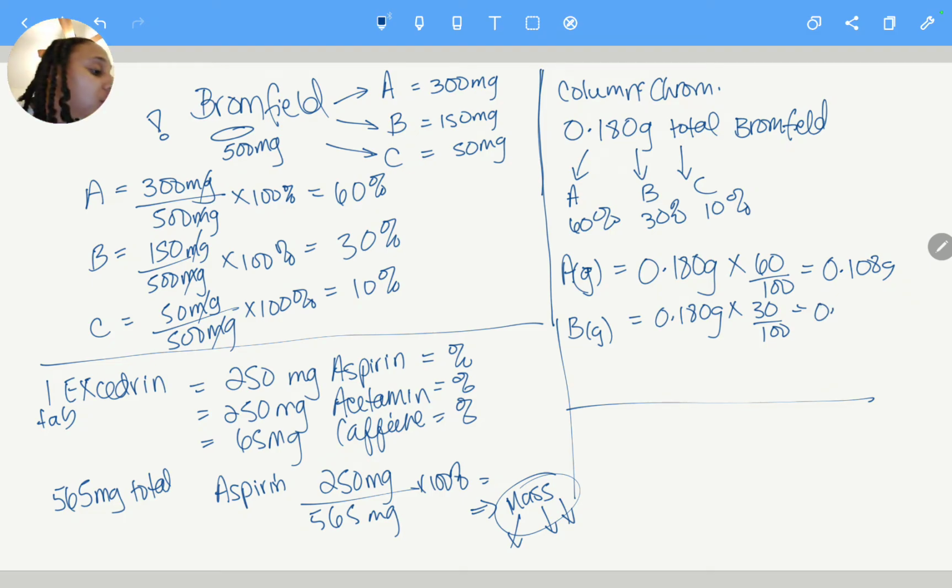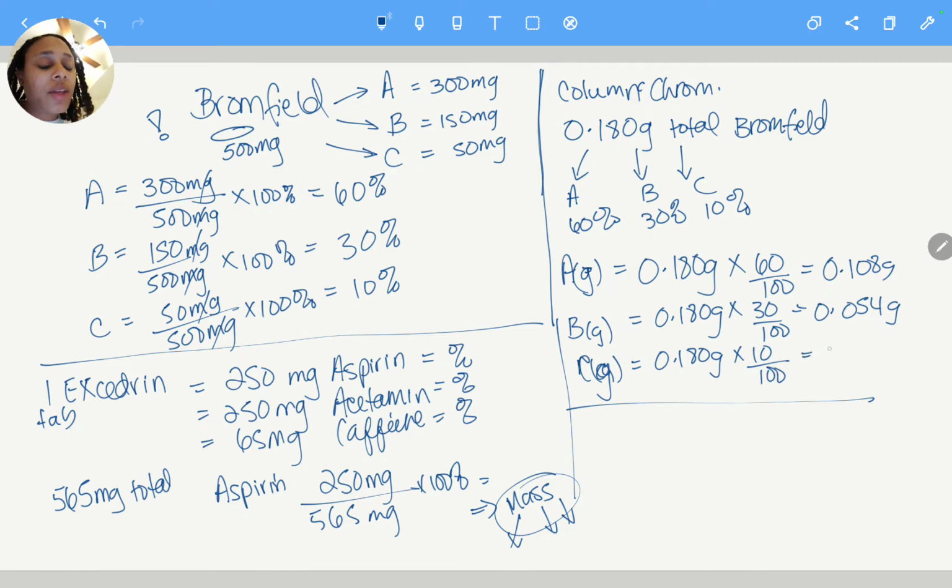So that's 0.054 grams, and then C, 0.180 grams times 10% should be 0.018 grams. So that tells you how much. So you would apply that same concept to Excedrin.